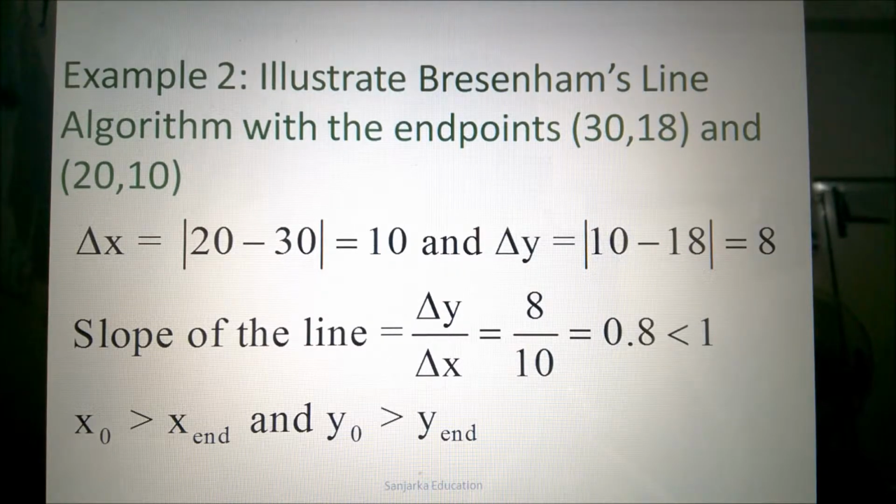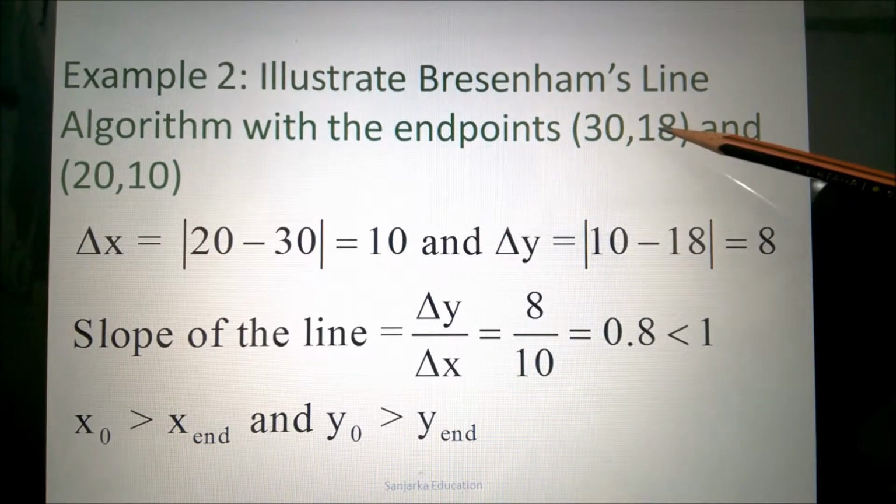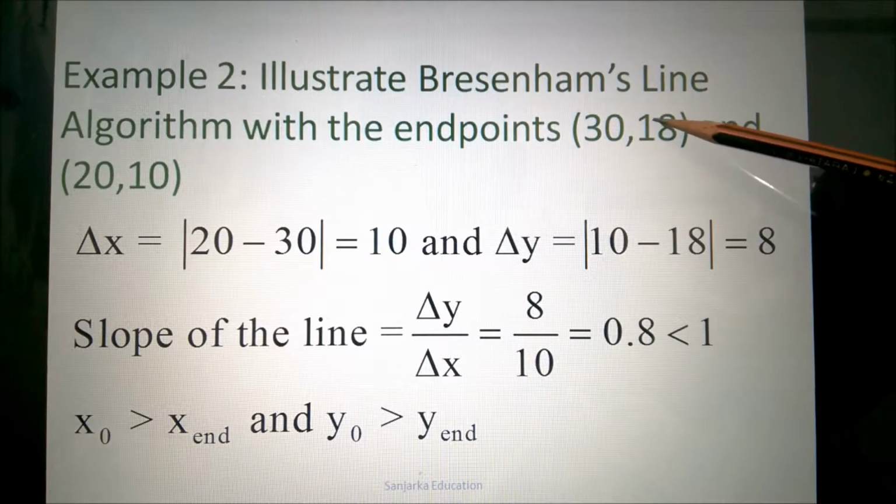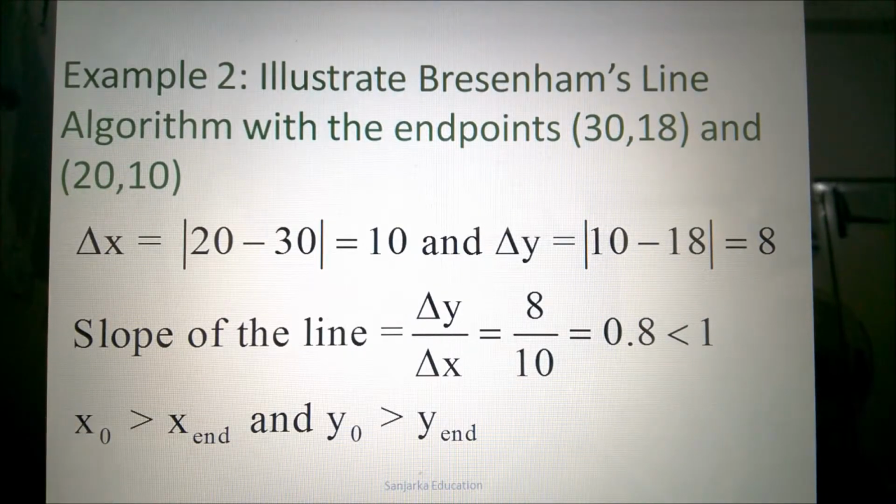Therefore, the initial x coordinate is higher than the ending x coordinate, and similarly for the y coordinate also. It is higher, and it is coming to a lower one. Therefore, the line goes from a higher coordinate to a lower coordinate position.